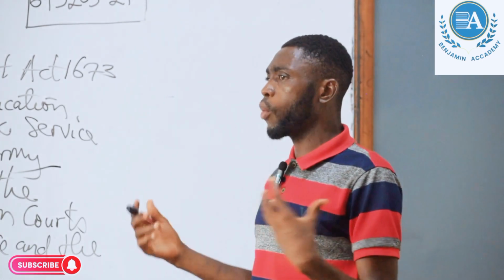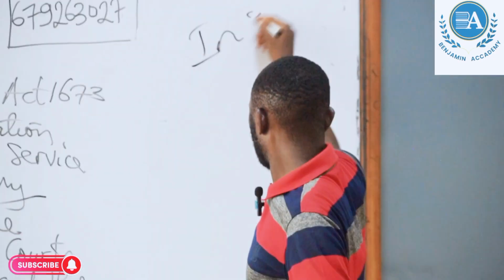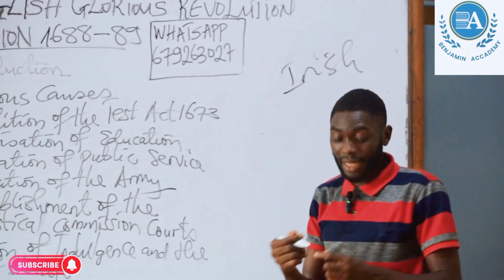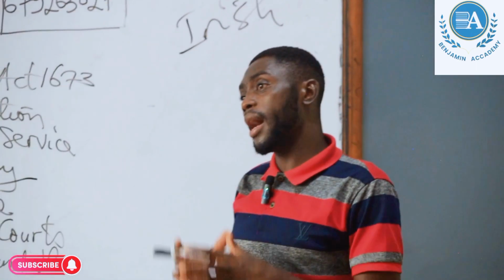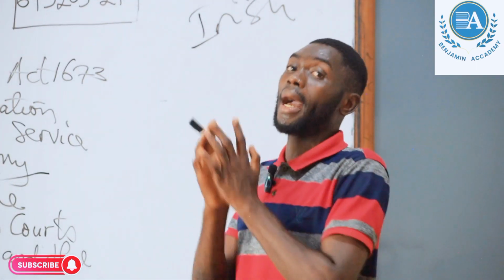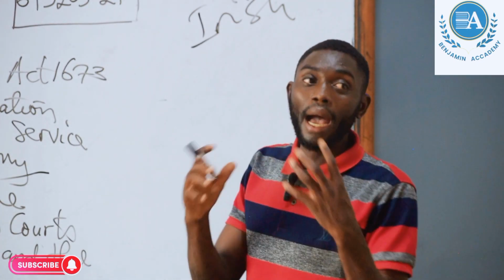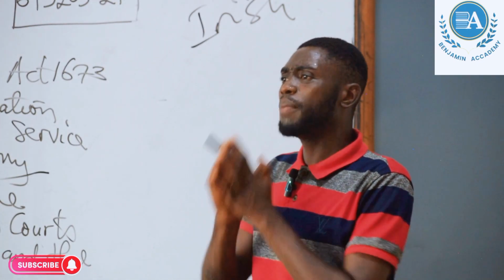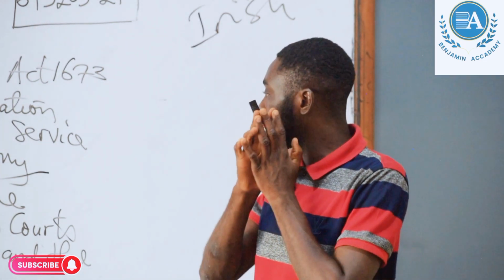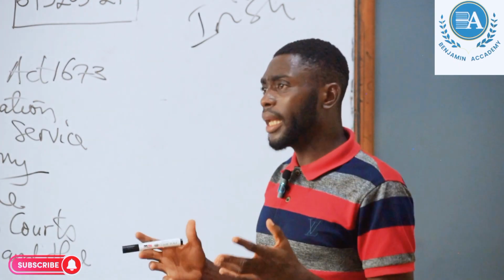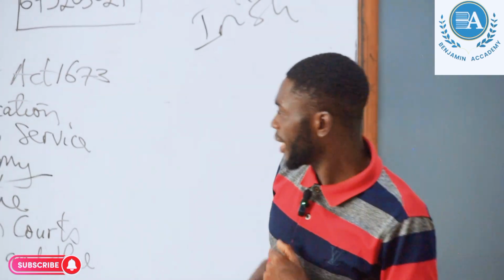Most of the people working in the army were Irish, mostly Catholics, whom James brought to work in the British army. We have the case of Sir Edward Hayes, an Irishman whom James brought and appointed as a commissioned officer in the army. Because of this, the people hated Catholics dominating the British army. And what next? They only had to fight against James.